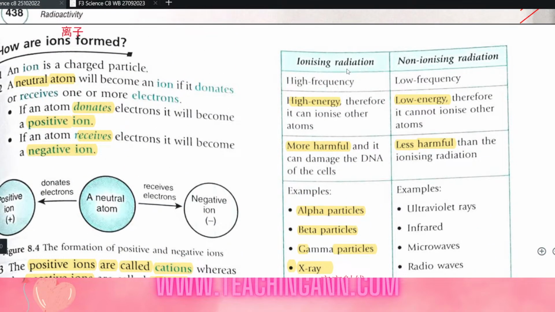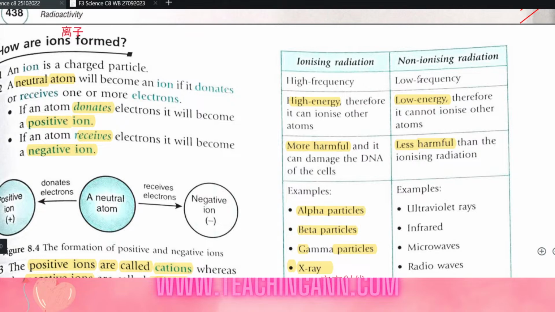Take a look at the note on the right-hand side. Ionizing radiation is high frequency wave, whereas non-ionizing radiation is low frequency. What is the meaning of high frequency? High frequency means in 1 second a lot of waves come up.